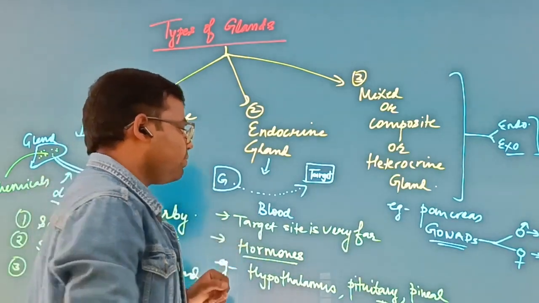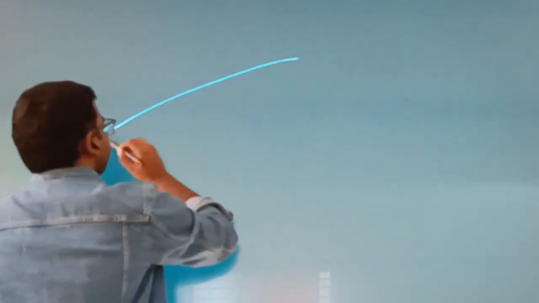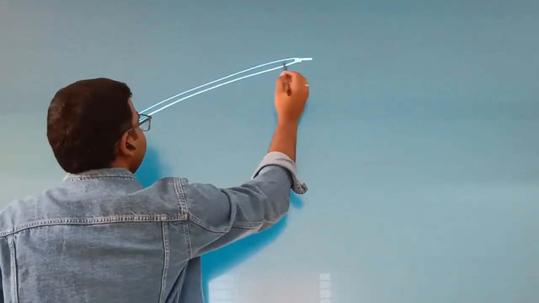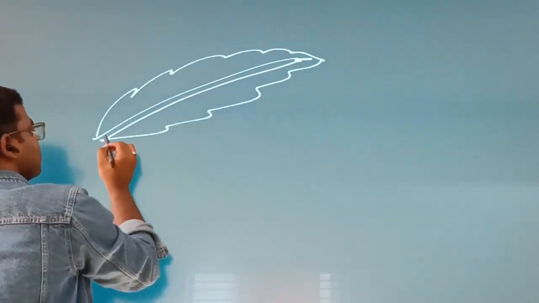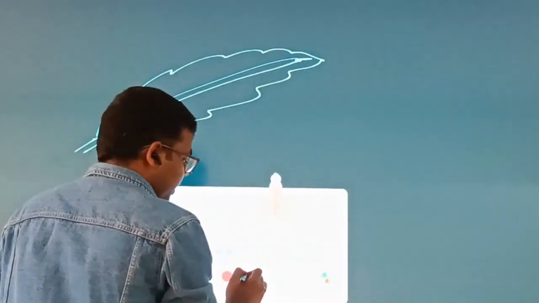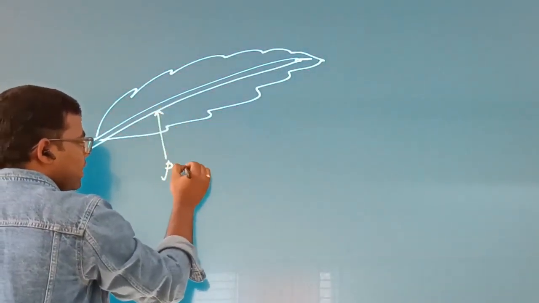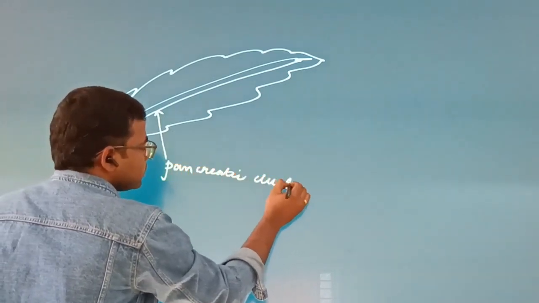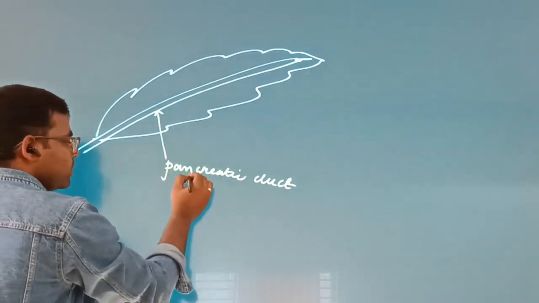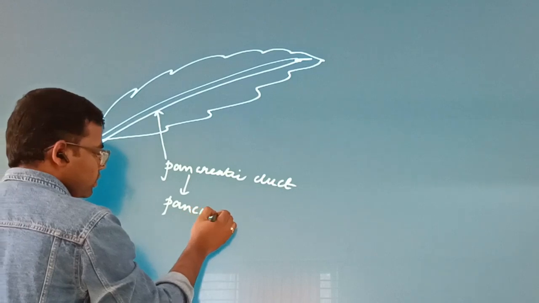Now, why are they called mixed glands? Let's take the example of the pancreas itself. Let's suppose this is your pancreas. The pancreas looks like a leaf clover structure. In the pancreas, there is a very fine duct which is called the pancreatic duct. Through the pancreatic duct, a secretion is released which is called pancreatic juice.